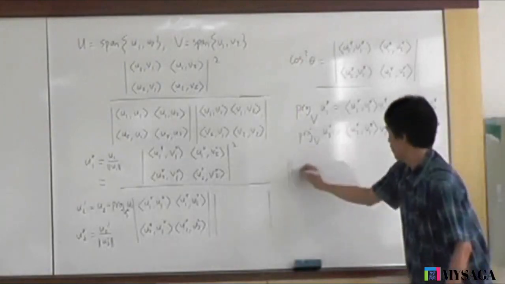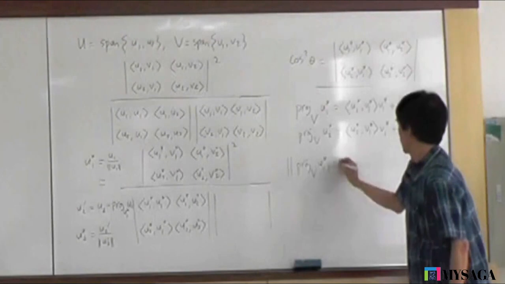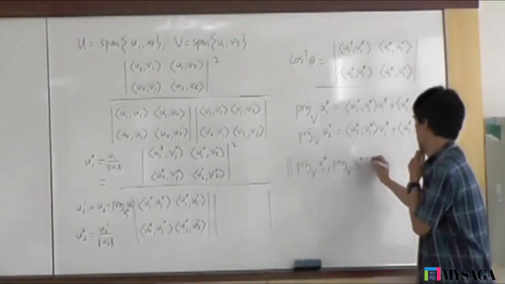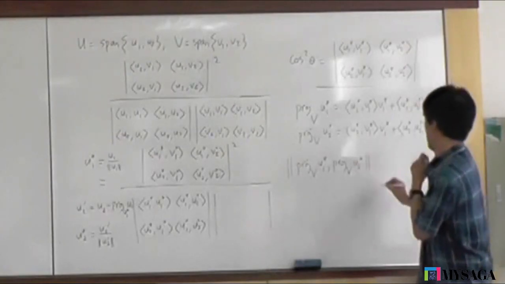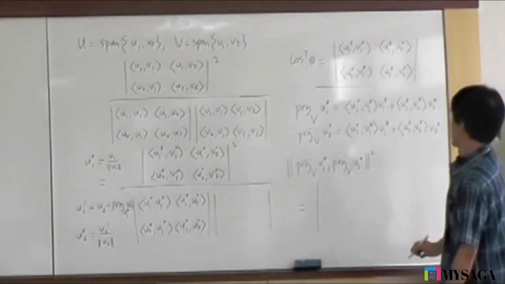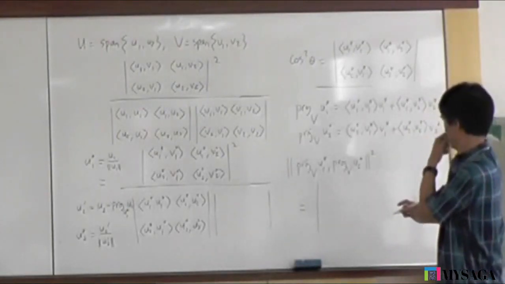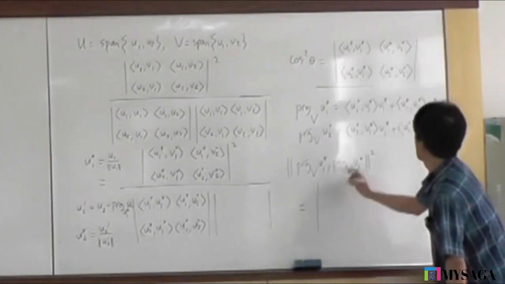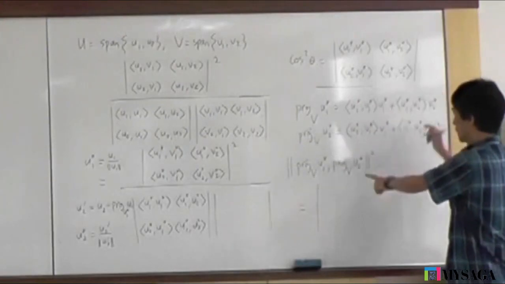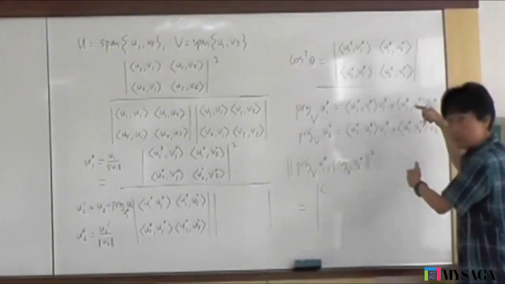Now if we compute the 2 norm, maybe take the square root, then that is just the inner product of this vector and itself.